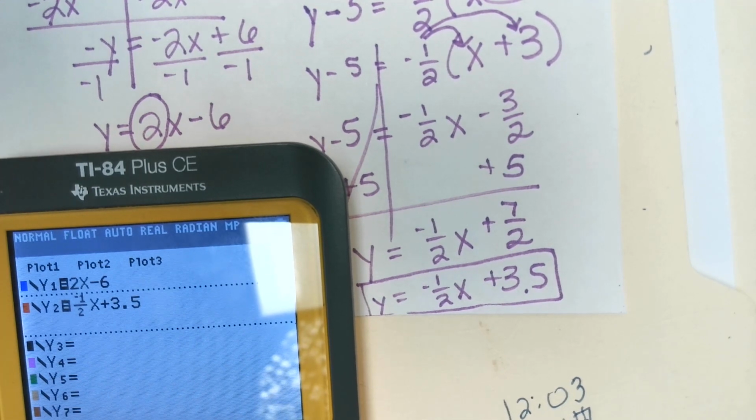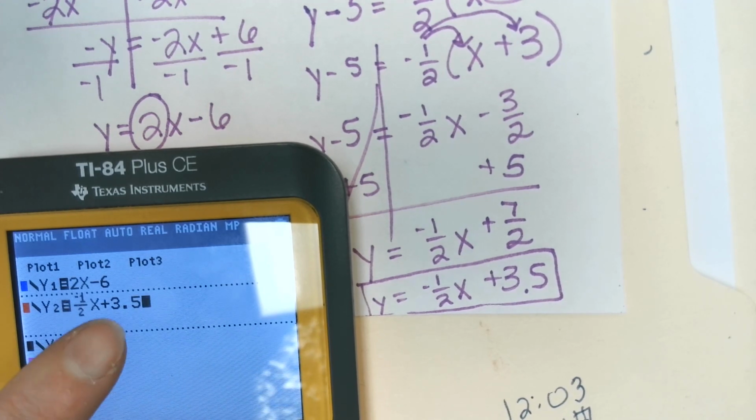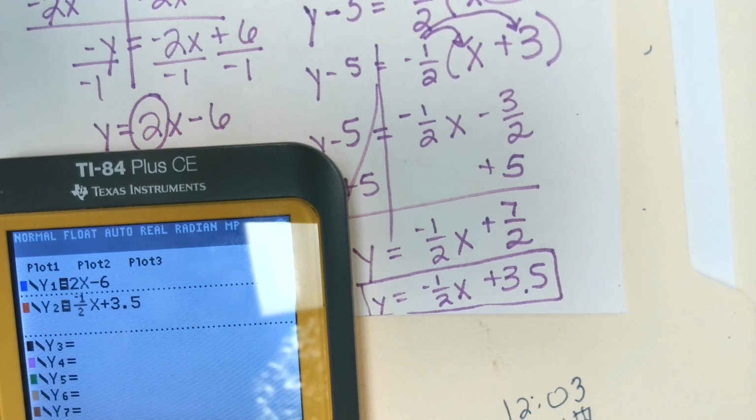The y-intercept, I don't care if it's a decimal or a fraction, but the slope, I want it to be a fraction, as long as it's not repeating. If it's a repeating decimal, then put it as a fraction. All right, so you should have these in. Look and make sure you have the same y1, y2 as me. Now hit graph.